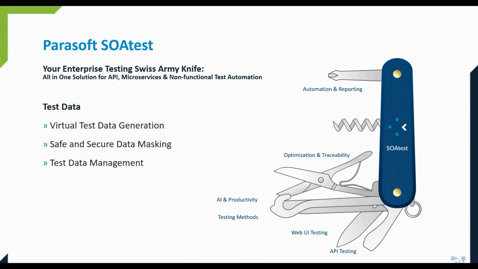We're also able to enable teams to easily generate safe and secure virtual test data through data modeling. And that helps teams to easily and rapidly provision test data, reducing test data wait times. This data can then be leveraged in SOAtest to data drive your test cases.